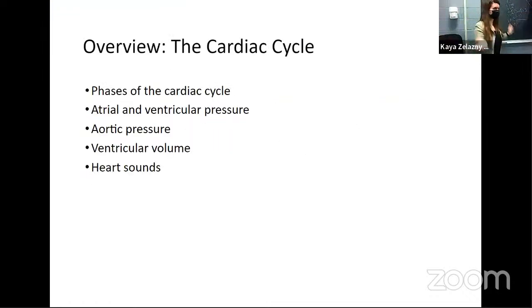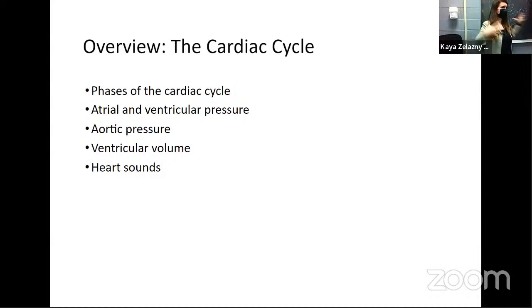So when we're talking about the cardiac cycle, all we mean is that blood travels in a specific order. We hear specific sounds due to the events happening in the heart, and we expect specific relationships of pressure and volume in the atria and in the ventricles, as well as the arteries leaving the heart, specifically the aorta we're going to be paying attention to.